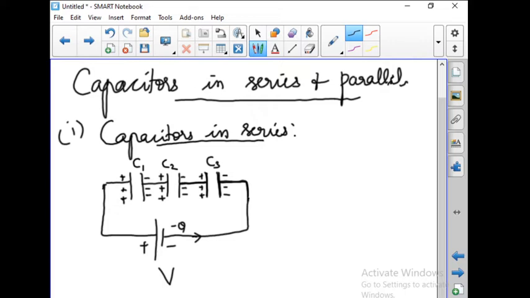So in this process, each capacitor stores the same amount of charge Q. All the capacitors C1, C2 and C3 have the same charge.